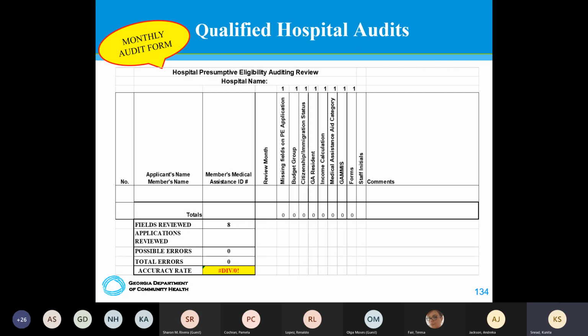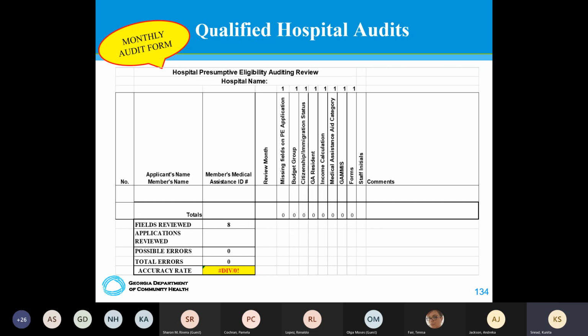Did you have the right number of people in the budget group based off of what you said, that the household was a tax filer or non-tax filer? Did you answer the citizenship immigration status question on the PE application? Making sure that they are Georgia residents. Making sure your income is calculated correctly based off of what we went over.